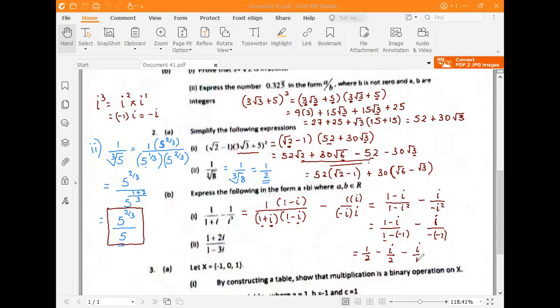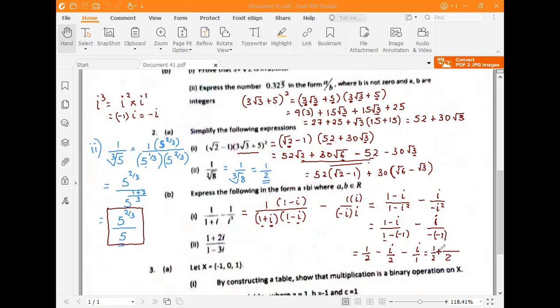So we can add the I's. So we'll have 1 over 2, and then minus, 2 is a common denominator for those 2. So 2 into 2, we get 1 times negative I. So let me put a plus here, and then I'll use the signs for the upper part.